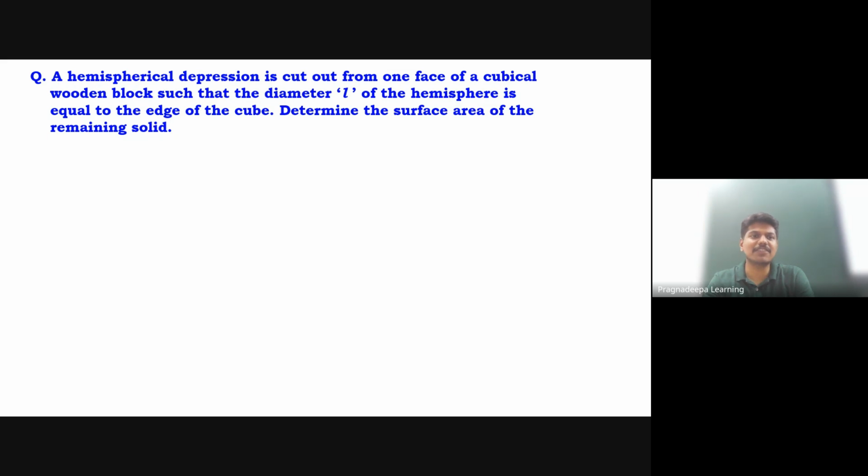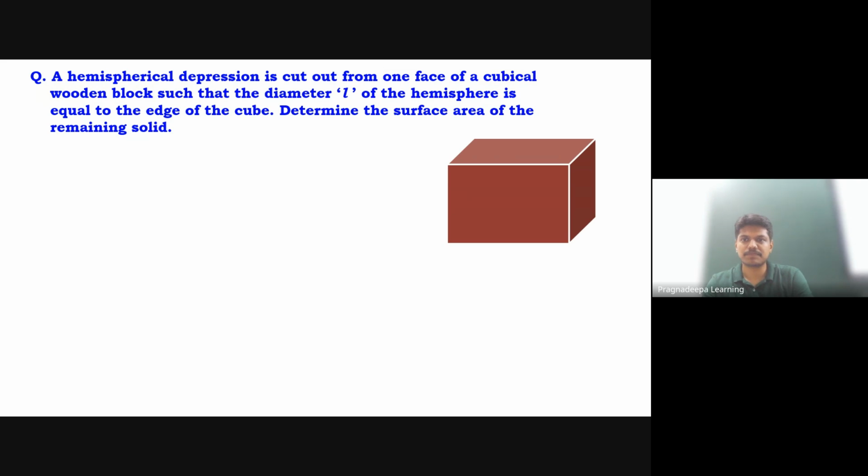So first what we will do, we will imagine a cubical wooden block. Cubical wooden block means, you know, it's a cuboid shape. Now you have to cut one face of this. You have to cut one face. So if you cut that face, it forms a hemisphere. So just to have this thought process, what you do, you just imagine a scoop of an ice cream.